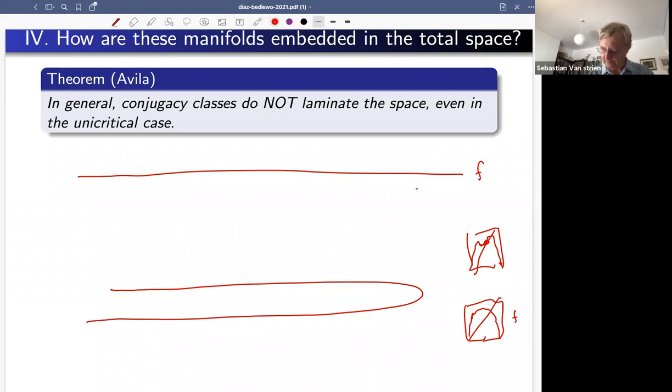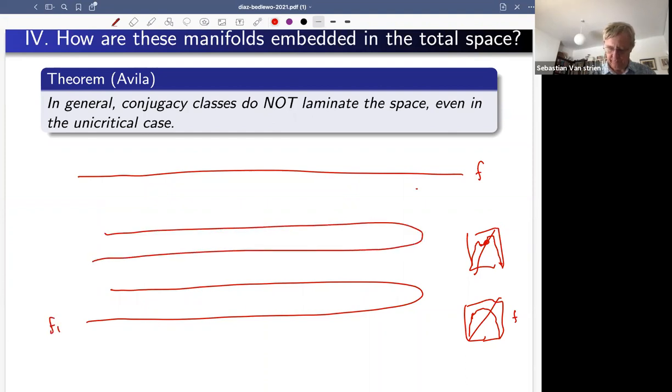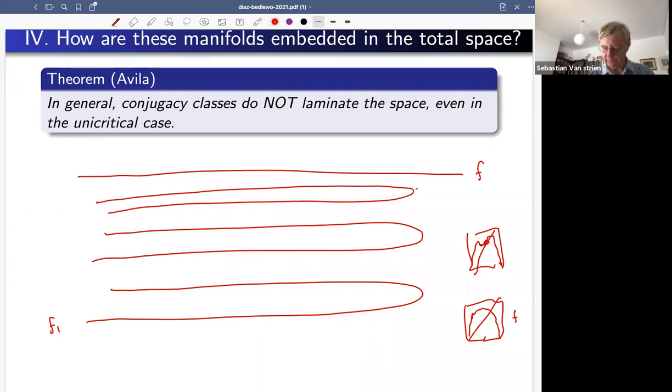So here's some map F0, and here I construct a sequence of maps F1, F2, F3, which are meant to accumulate on this F0, or rather the conjugacy classes of F1, F2, and F3.